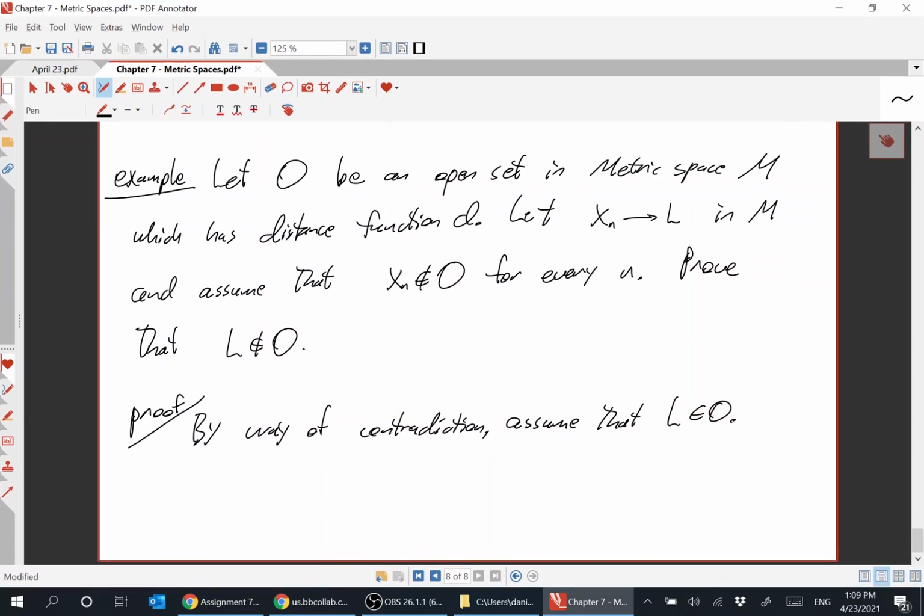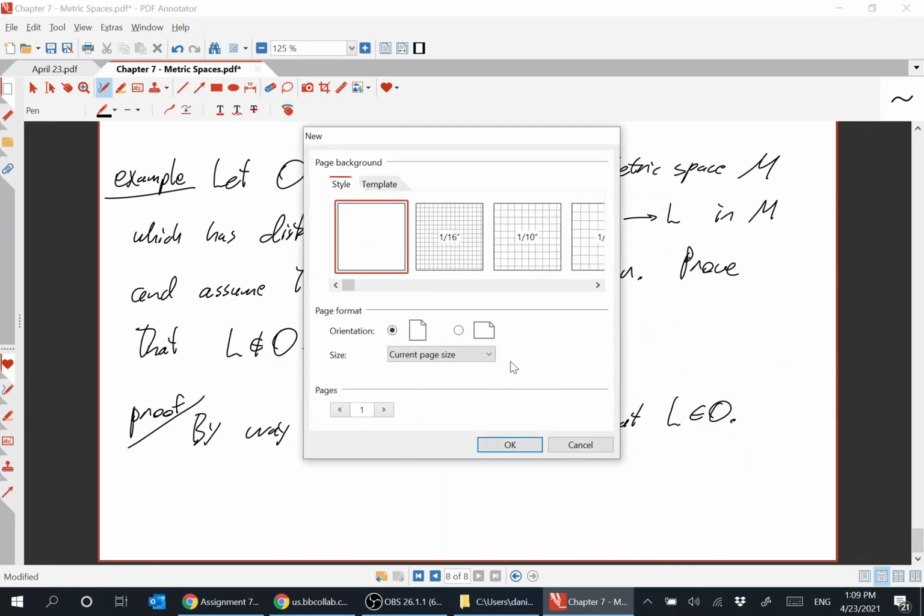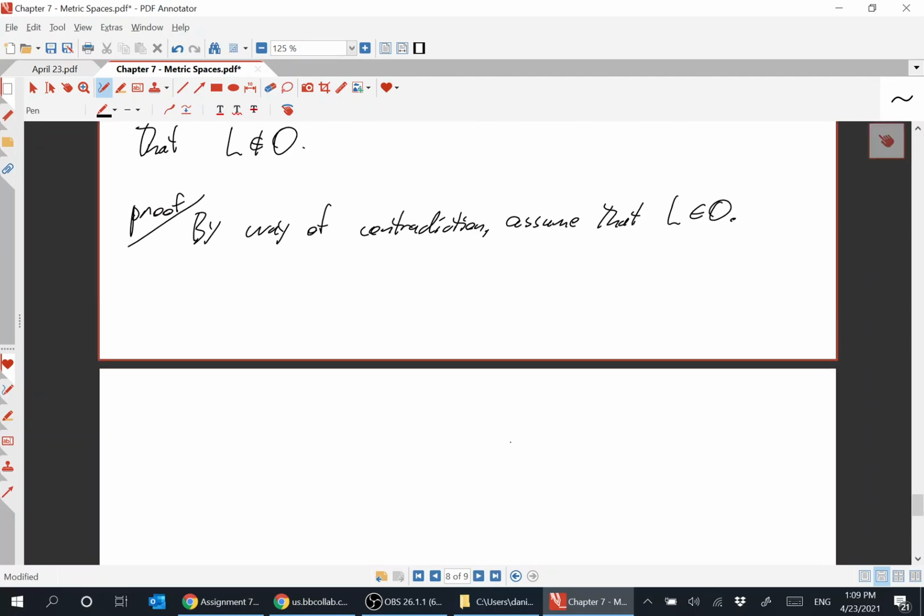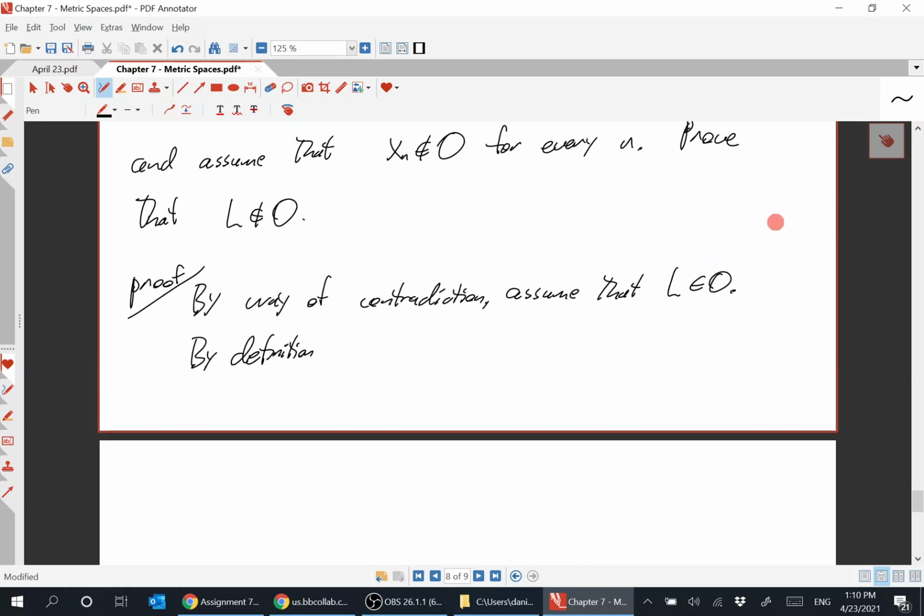By the definition of open set, what has to happen? Because L is in O, and O is an open set, what? L is an element of O. Right, you got your open set O. You've got this element L inside of O. Right?